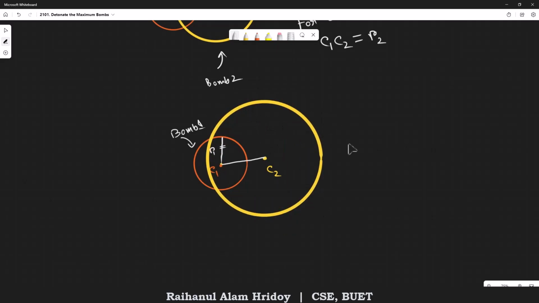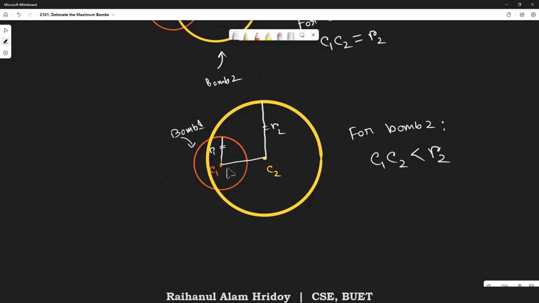So here bomb 1's center falls inside the range. In this case this is R2. So in this case for bomb 2, C1 to C2 will be less than radius R2.